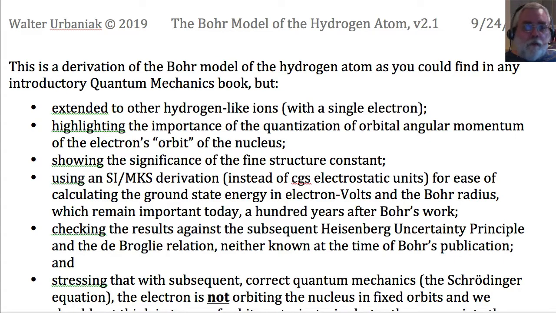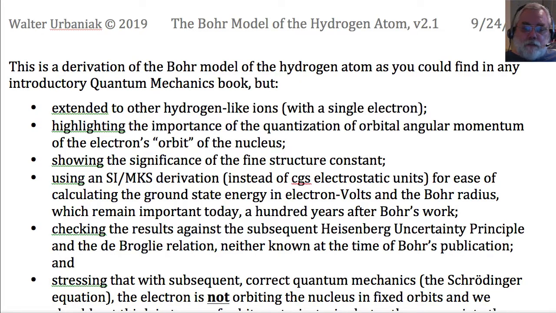It's not really an orbit. Showing the significance of the fine structure constant, using an SI-MKS derivation instead of CGS electrostatic units for ease of calculating the ground state energy in electron volts and the Bohr radius, which remain important today, 100 years after Bohr's work.